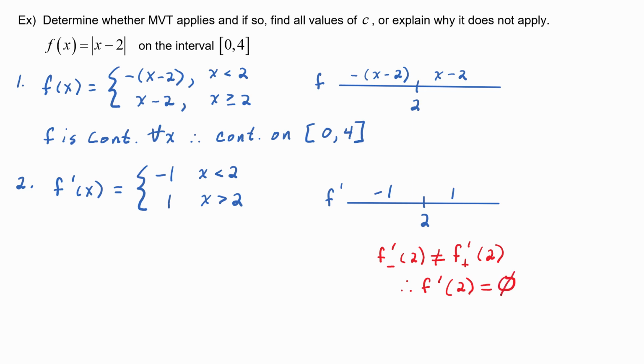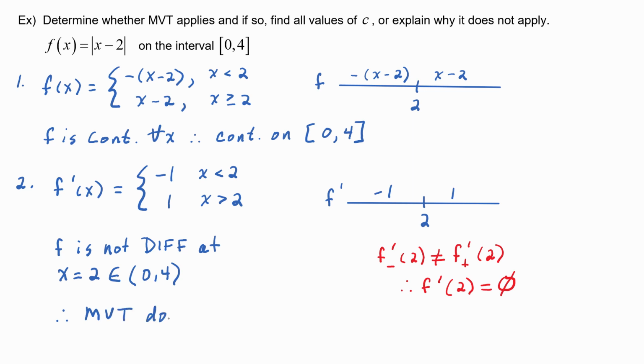It's undefined. So f is not differentiable at x equals 2, which is in the interval that we care about, the open interval from 0 to 4. So therefore, the mean value theorem does not apply.